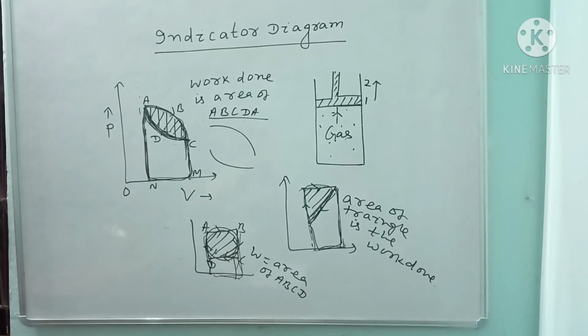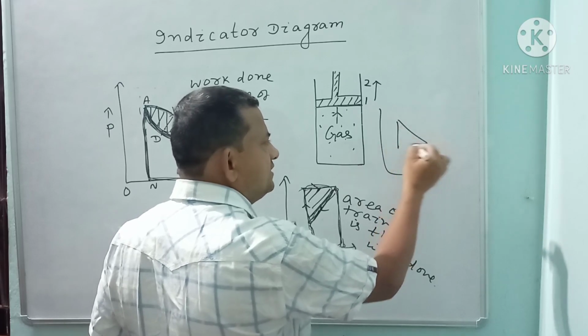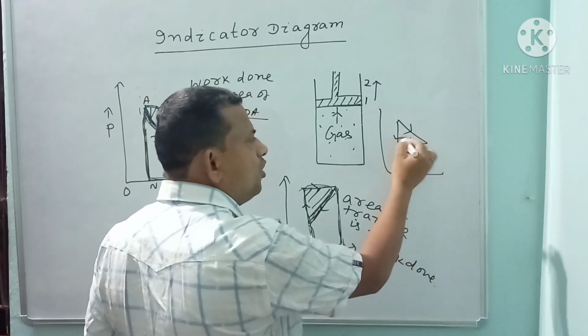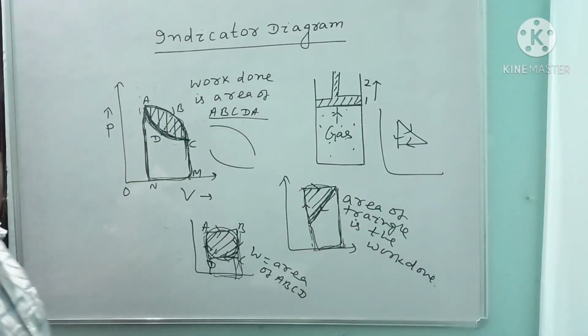And another point to remember, because you know work may be positive or negative. So in a cyclic process, if we see clockwise, for clockwise your work is positive.